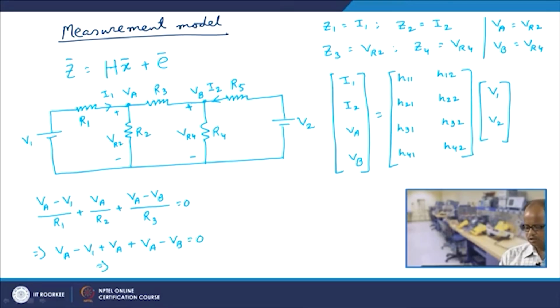So, this equation turns out to be 3 VA minus VB is equal to V1. So, this is equation 1.